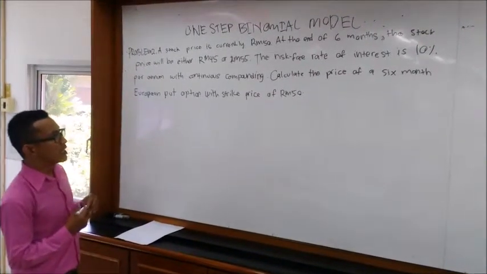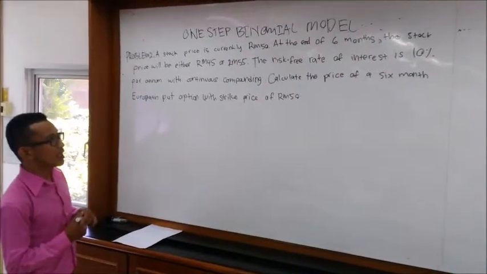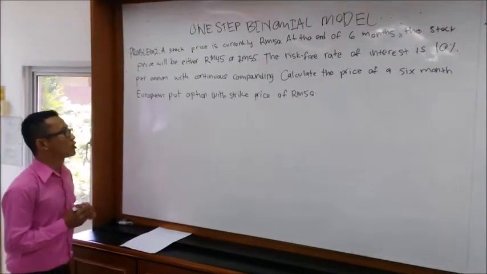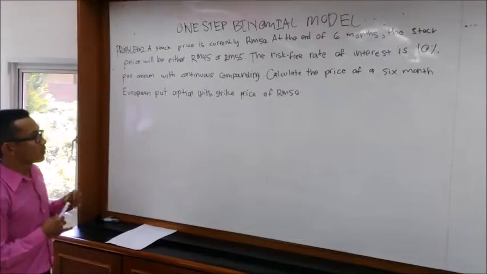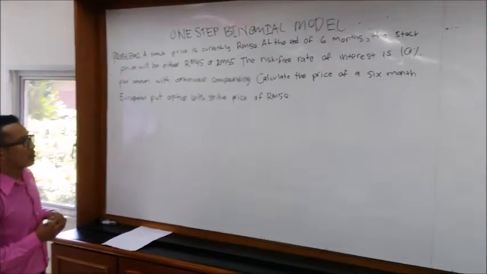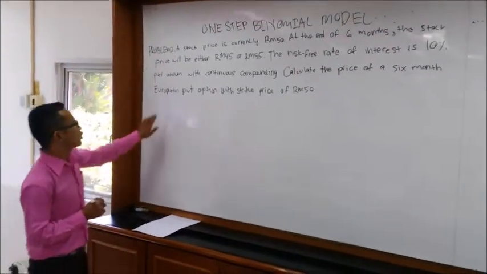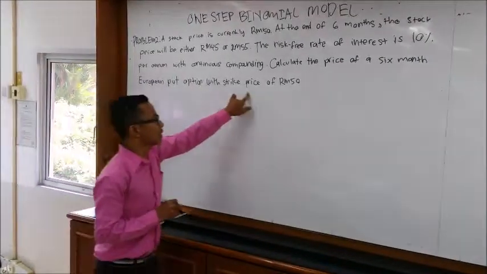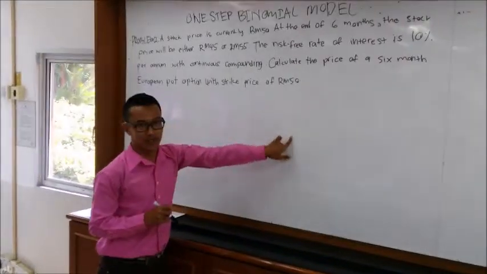The risk-free rate of interest is 10% per annum with continuous compounding. Calculate the price of a 6-month European put option with strike price of RM50.